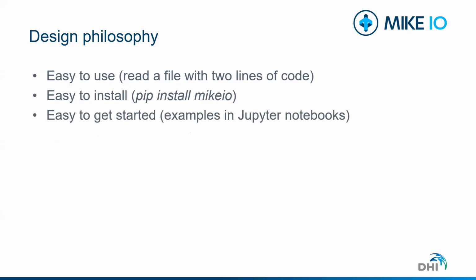It should be easy to get started, and I like to learn from examples. So that's why we have made a number of Jupyter notebooks with examples of reading and writing. So you should be able to copy paste those and modify it to your needs.